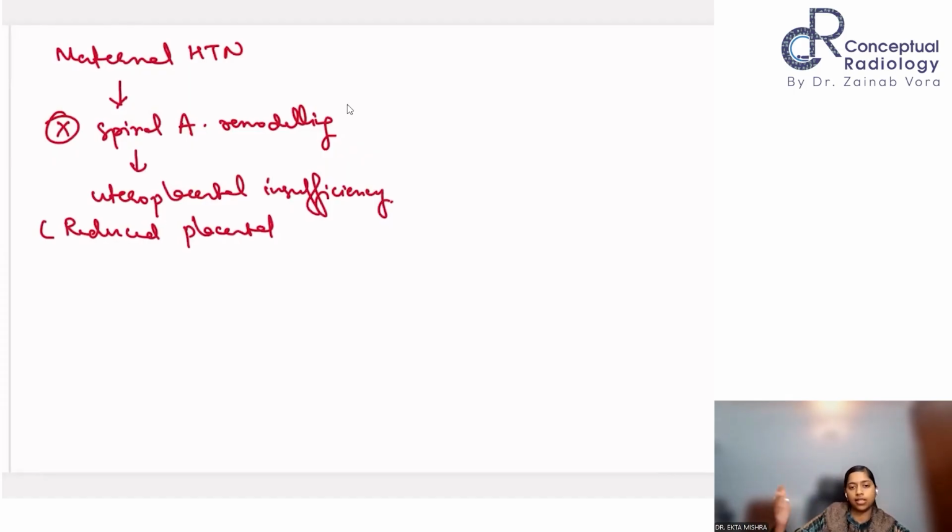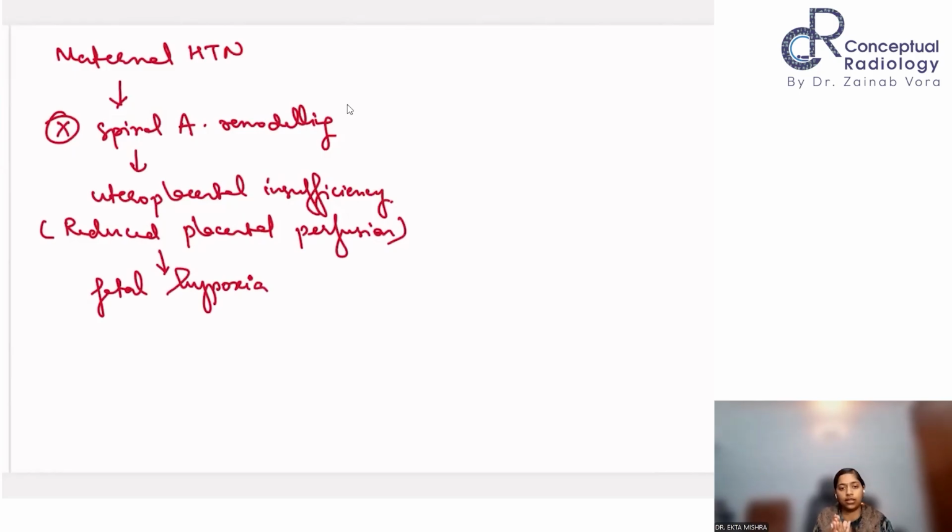Now, the uteroplacental insufficiency is going to reduce the placental perfusion, leading to areas of placental infarcts and areas where exchange is not happening well. That will lead to fetal hypoxemia and hypoxia. Once the fetus experiences hypoxia, there will be a very important phenomenon that leads to alteration or redistribution of the perfusion in the fetus with brain sparing.